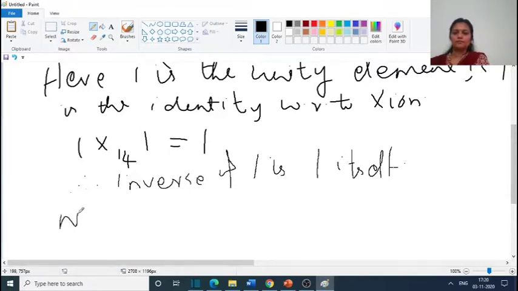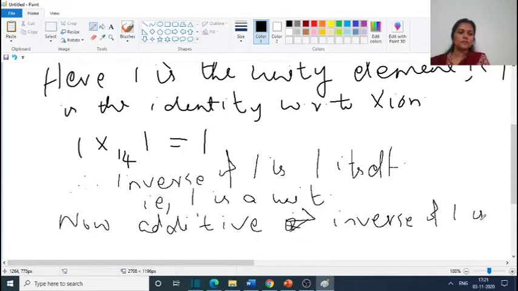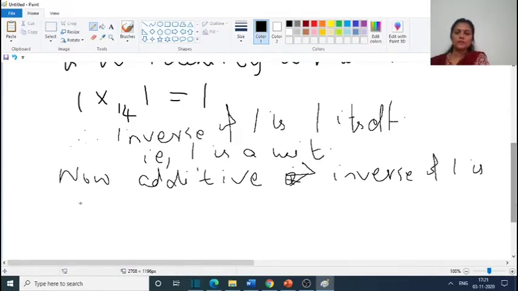Now, 1 is a unit. Now the additive inverse of 1 is 13, since 13 plus 1 is equal to 0.